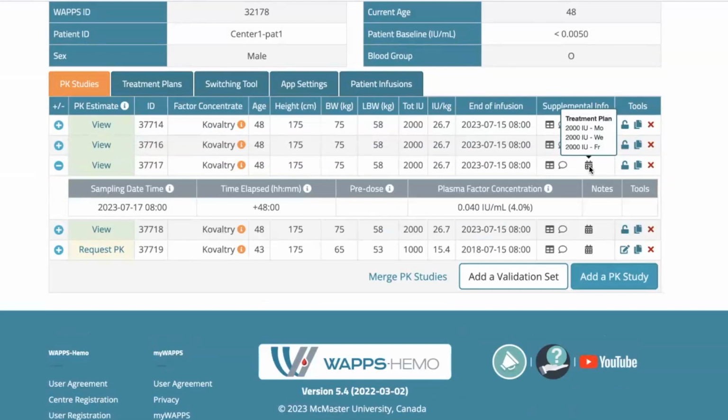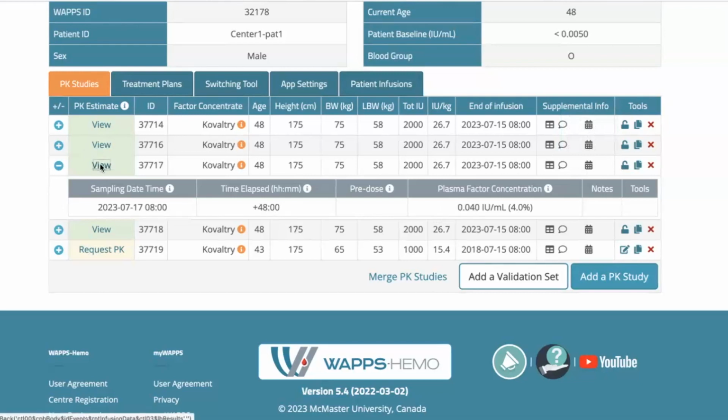And if you didn't know the last infusion, the second question was, do you at least know the treatment regimen? And the treatment regimen here was 2,000 on Monday, Wednesday, Friday. So the system knows that this patient is on 2,000 3 times a week, and also knows that 48 hours after the infusion, it was at 4%.